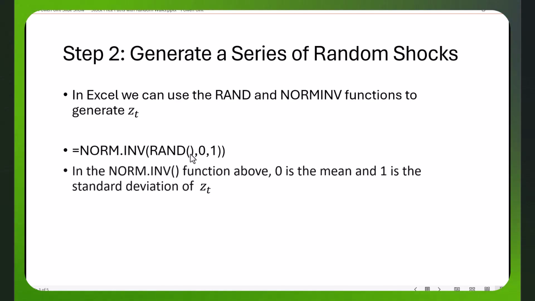You can put a value in here, but then it's going to generate the same random number. So by putting open and closed parenthesis, it's going to change each time, and then you're going to get a different random variable, and hence a different Zt. And you put in the mean of 0 and the standard deviation of 1.